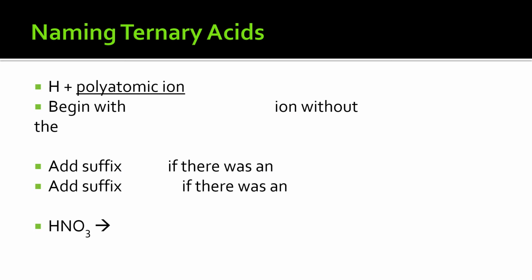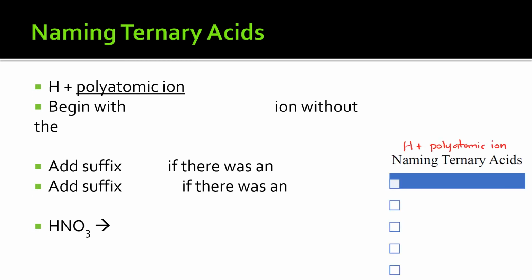Okay, ternary acids. They're acids that have an H with a polyatomic ion. So write down above where you see naming ternary acids: H plus polyatomic ion. The rest of the box corresponds to the box you see here.